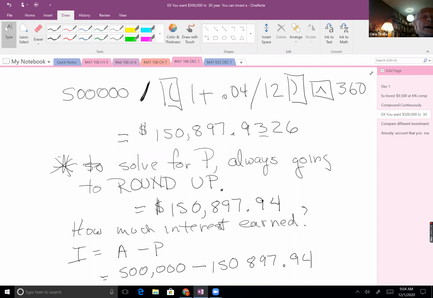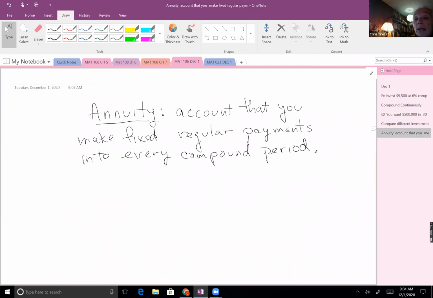So instead, we might want to set aside a smaller amount of money every month and have that money that's added to the account every month make interest, and that's compounded and added together. And at the end of those 30 years, we'll have our desired amount.